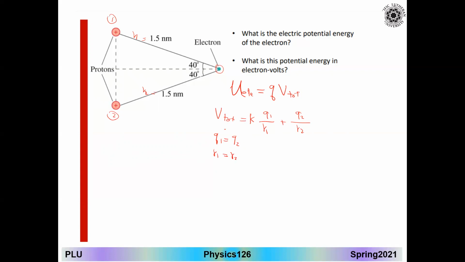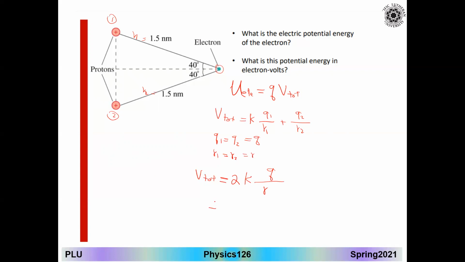So we can manage that situation here, and we end up with the V total. I don't want to repeat the numerical twice. So basically Q and Q and R and R, so this one is double: 2K Q divided by R. Let's call this one Q and this one R, where I have all the information.